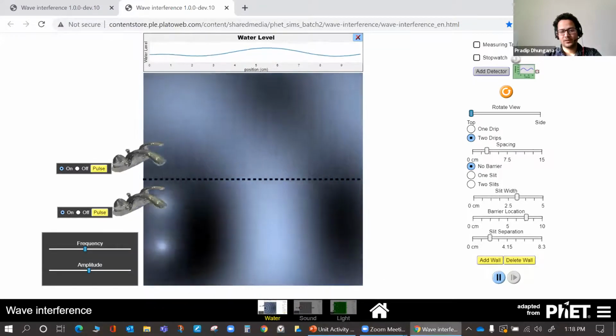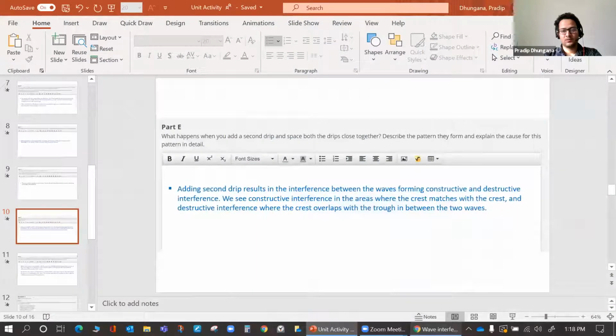Let's go back to the question, okay? The question is, what happens when you add a second drip and space both the drips close together? Whenever we add a second drip, that means we see interference between the waves and they form constructive and destructive interference.